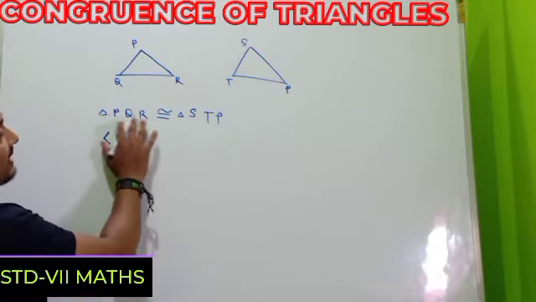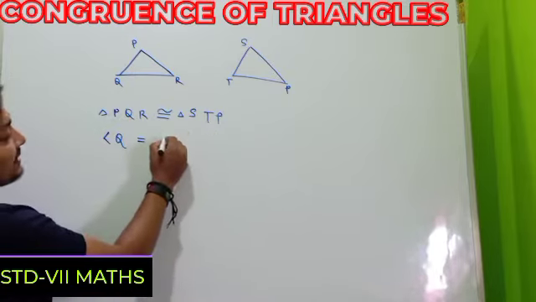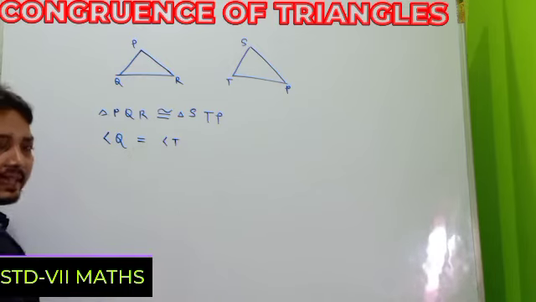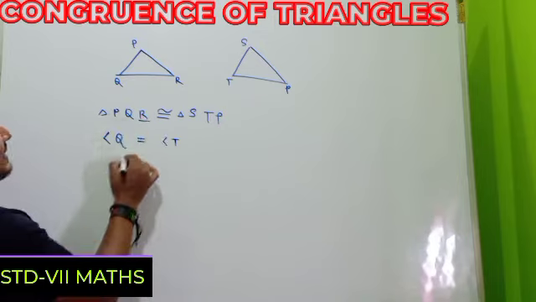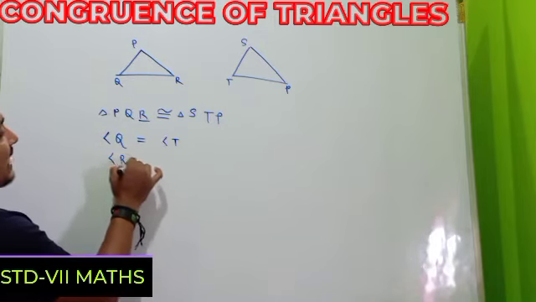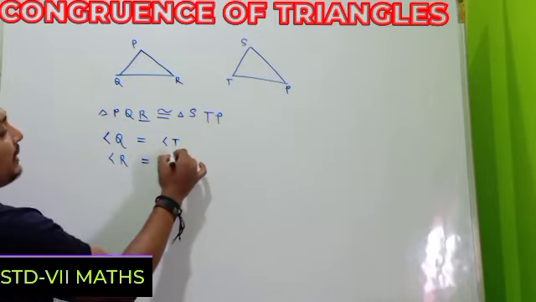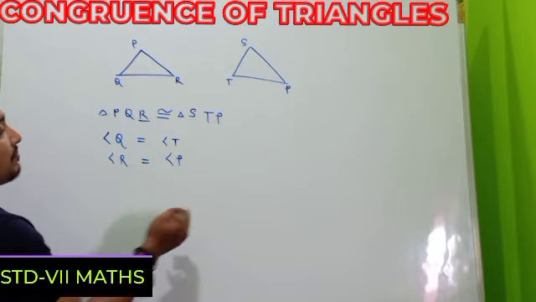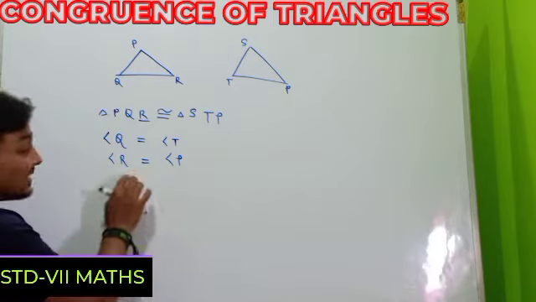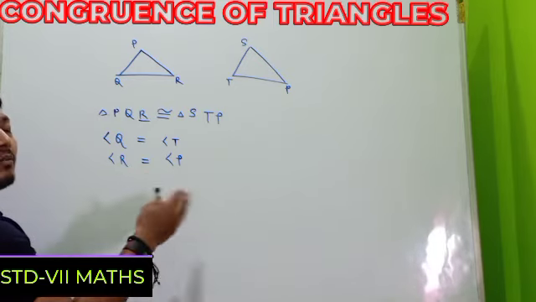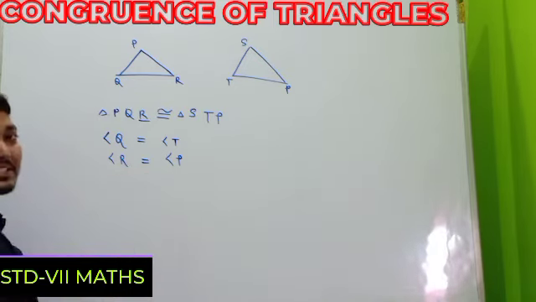See, Q angle is matching with T angle, so Q angle value must be the same as T angle. R angle is equal to which angle? R means last, it must match with P. Matching means the angle must be the same. You have to give the arrow mark on both ends, right side also left side.